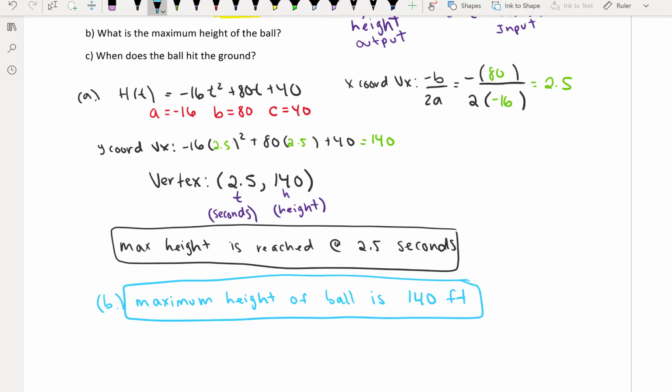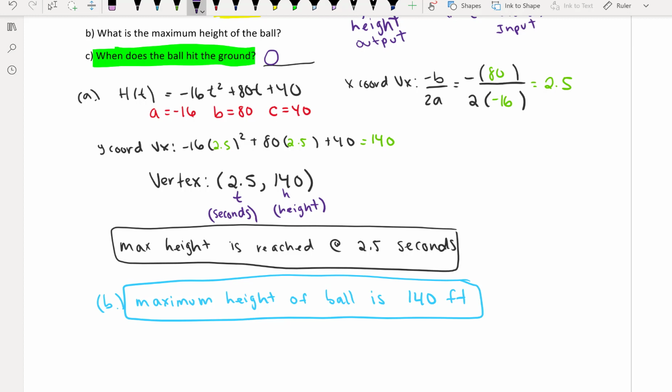So now here's something slightly different. It says, when does the ball hit the ground? So, okay, if I'm thinking about the ball on the ground, so here's the ground, and I have my ball, right? What's the height of that ball?